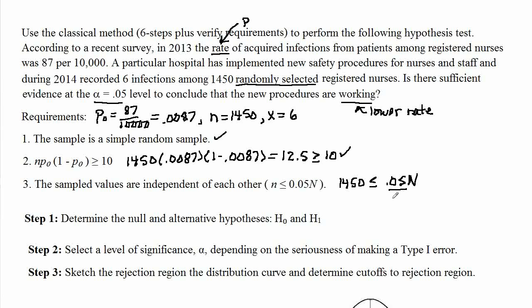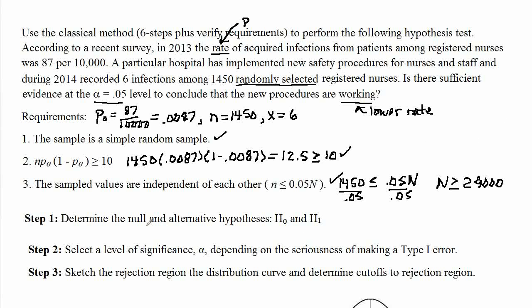If we divide both sides by 0.05, that's just saying that our population would have to be greater than or equal to 1,450 divided by 0.05, which is 29,000, and there are certainly at least 29,000 registered nurses in the U.S. So this one's okay. We verify all the conditions.